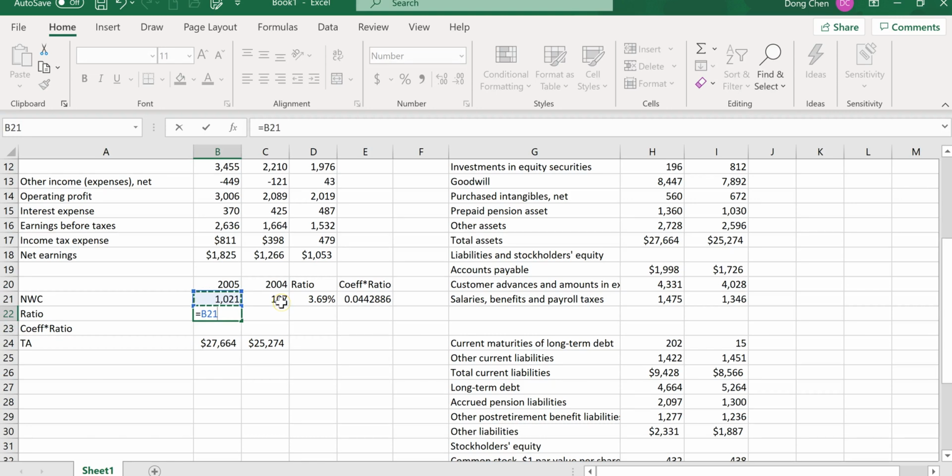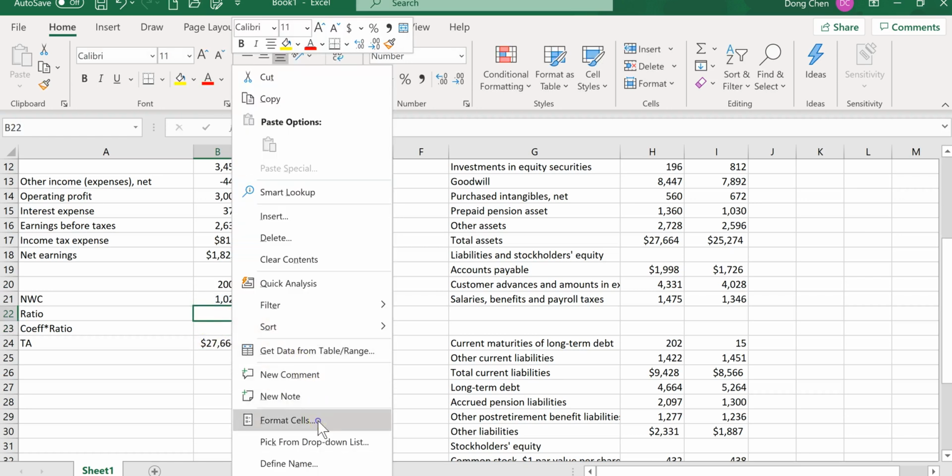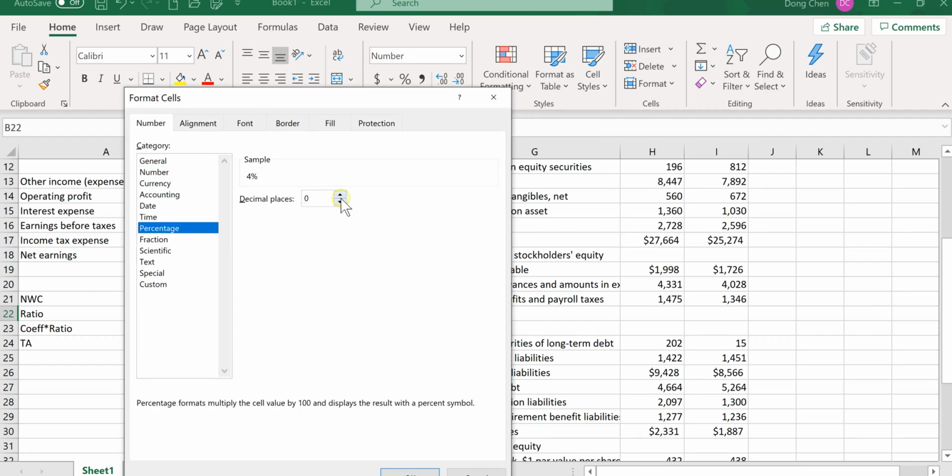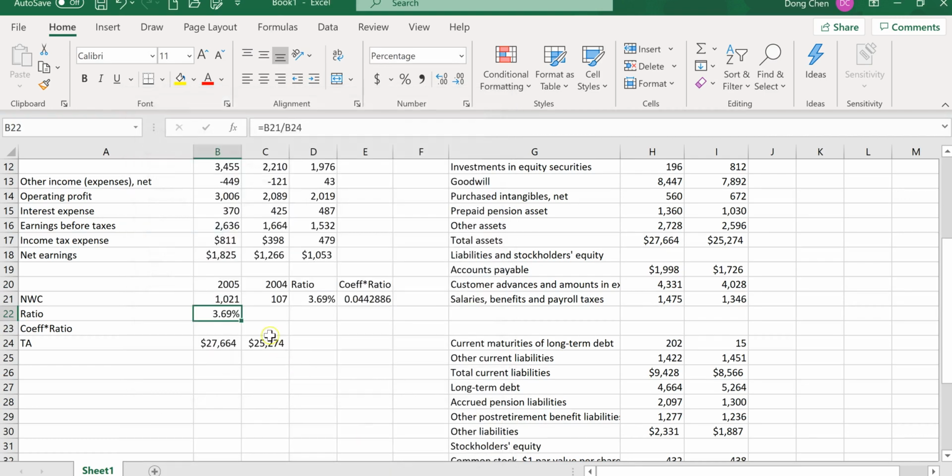So this is NWC divided by total assets, and I do want to keep more decimal places, percentage and 2 decimal places, and then I can pull the cell to the next column.